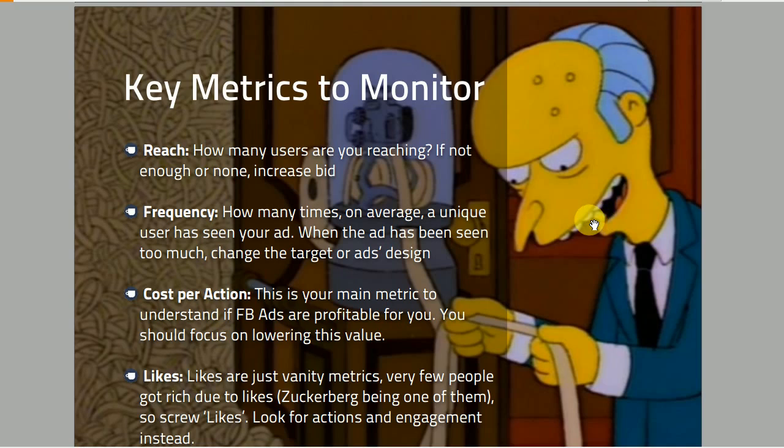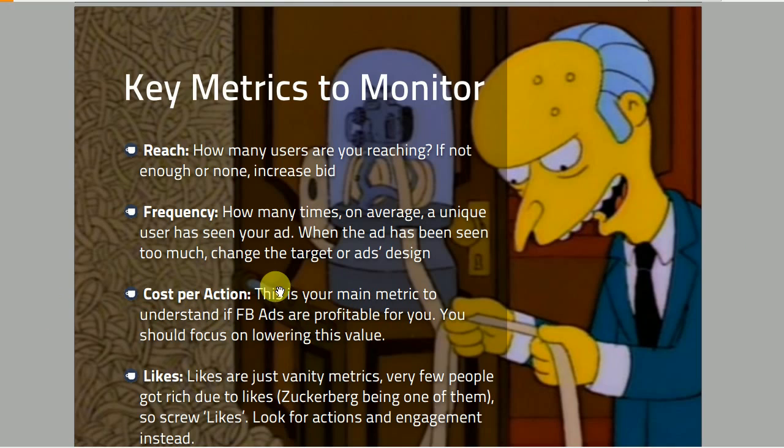But that's not the most important thing, even though you should keep an eye on it. Frequency is another thing. Frequency is the number of times those people will see your advert. If it shows two, they're likely to see your advert two times.